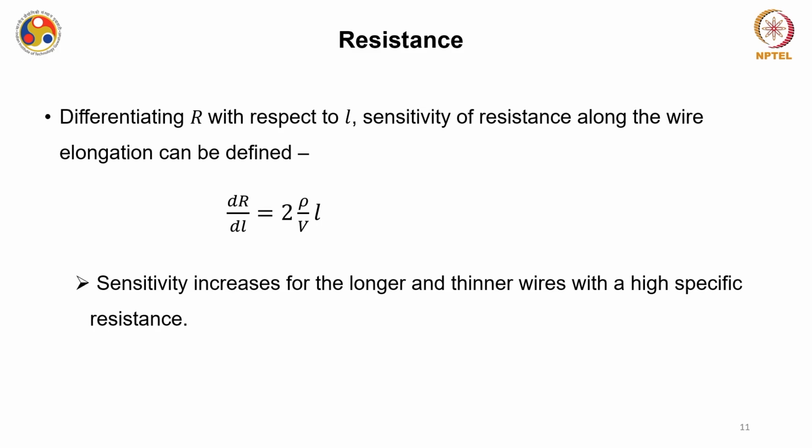Let's find the sensitivity of this resistance. The sensitivity of the resistance to the wire elongation can be found by dR by dL, which gives 2 rho L by V. If you see this, sensitivity increases for longer and thinner wires with high specific resistances.